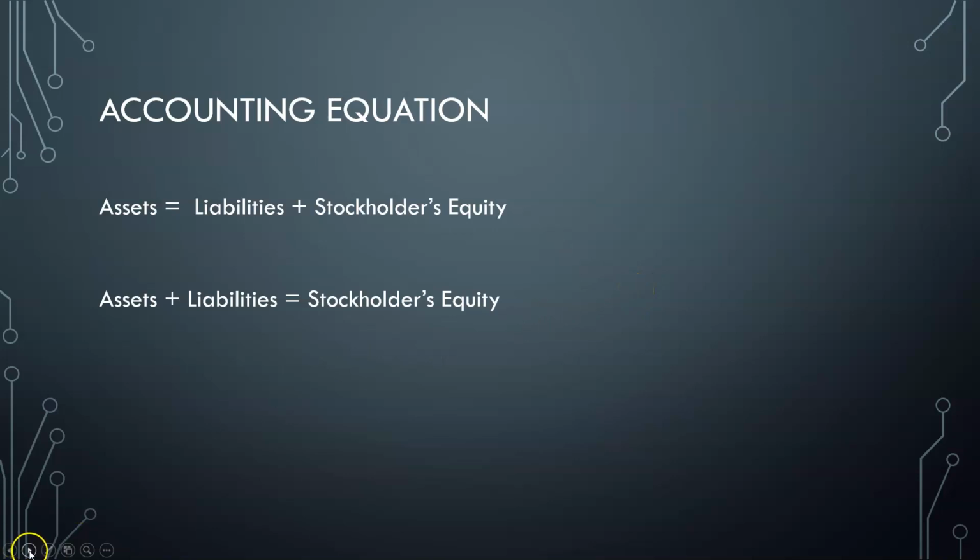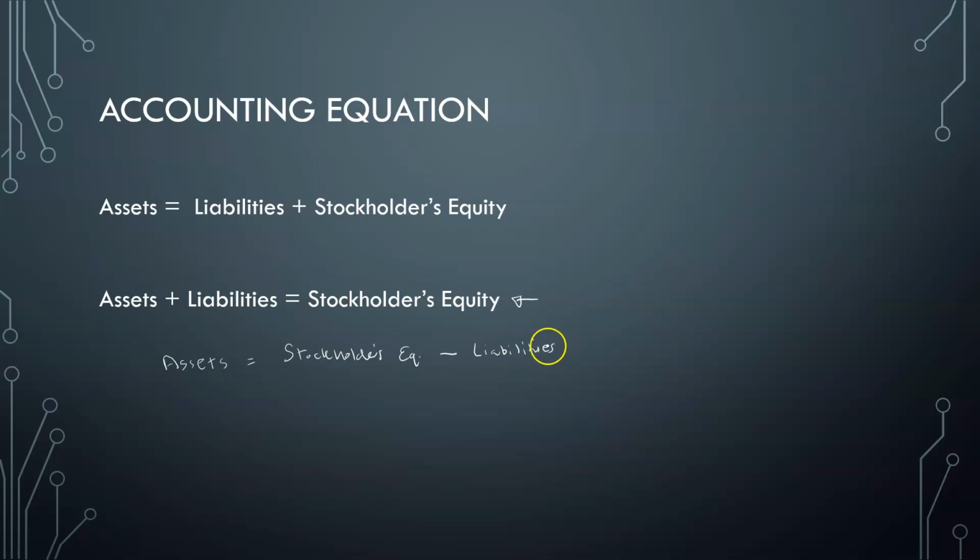Let's look at another one. On the slide, at the very top, you have the correct accounting equation. And my question to you is the second equation that's shown here, is that the accounting equation? Well, let's rearrange it. If we rearrange it to move liabilities to the right-hand side of the equation, we get assets equals stockholders' equity minus liabilities.